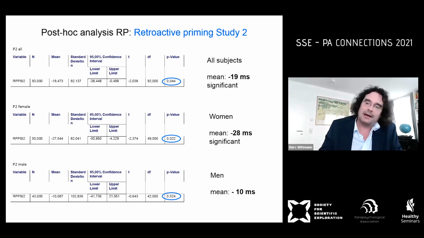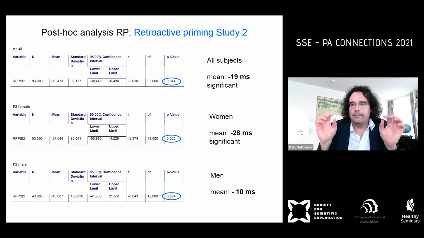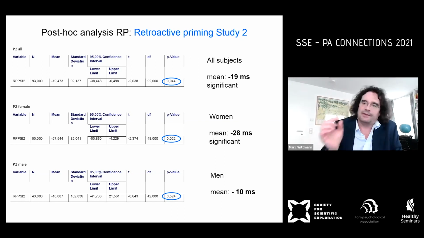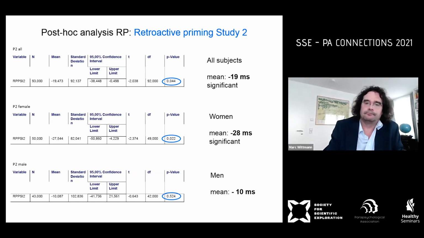And also the men have this tendency now for a negative effect, but it's too small to reach significance. But here now, with the best 20 photos, we get a significant negative effect. So we had the tendency for the women in study 1 for a negative effect. Now we have across all subjects, mainly driven by women, a negative effect in study 2.